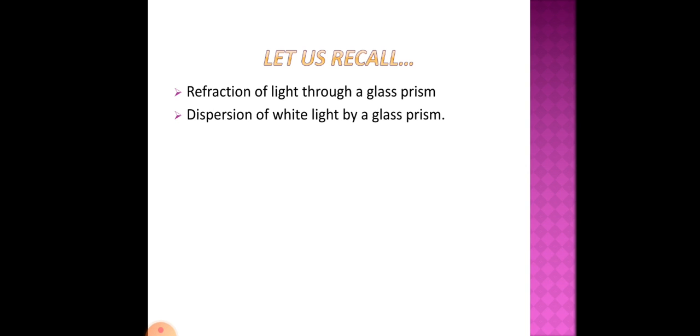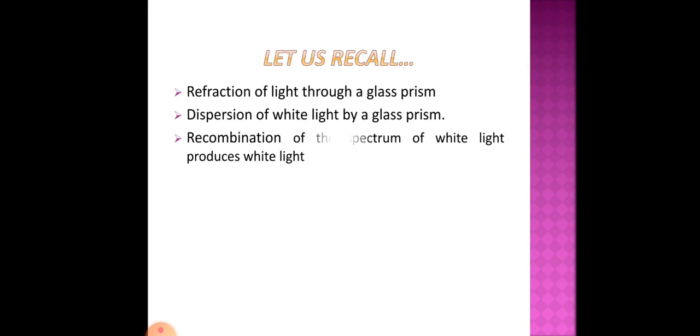This phenomenon of splitting of white light into its 7 colors is called dispersion of light, and with the help of a glass prism, dispersion of light takes place. And then we also discussed the recombination of the spectrum of white light to produce white light. Then we discussed how rainbow formation takes place, and then we discussed atmospheric refraction.